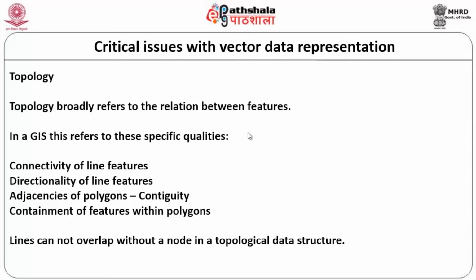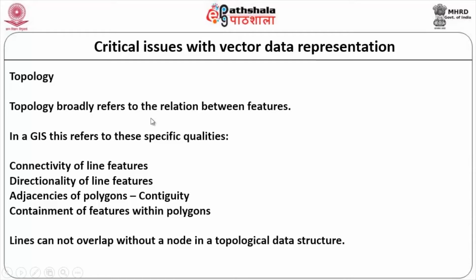When I want to make measurement on a map, definitely I should make sure that the data is properly connected with each other. Of course, we have other aspects also in topology, I will tell you later. So, to make any kind of quantitative analysis on a sheet of paper, that is a map, you require topology.